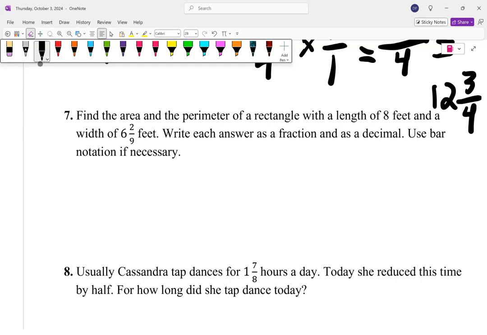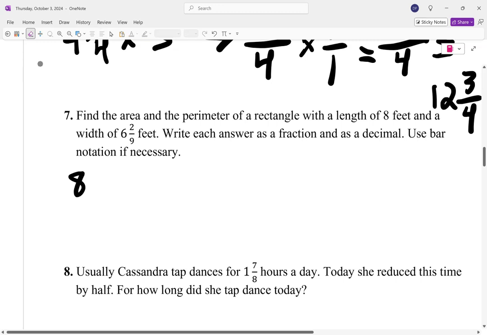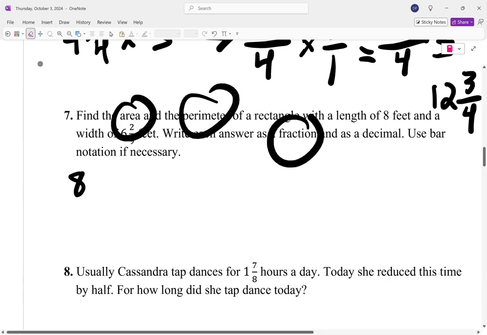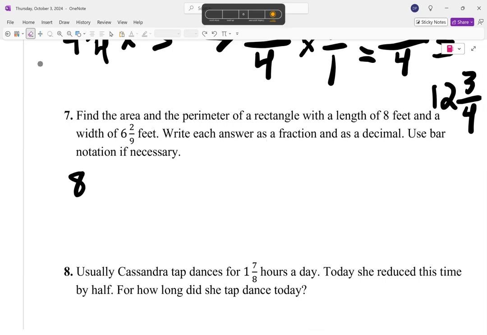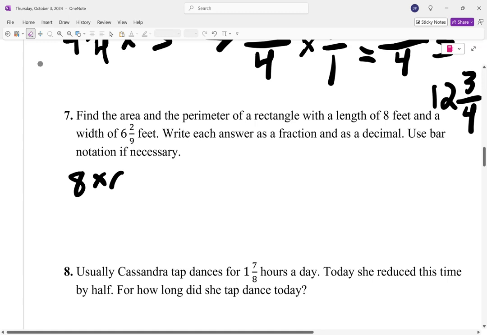8 feet and 6 2/9. Wait, how'd you do it? I multiplied 8 times 6 and 2 ninths. Oh, yeah. It's 4 things, actually. So it's area and perimeter, and each as fraction and decimal. Okay, so there's 4 answers. So you're going to multiply first. What are you multiplying for, the area or perimeter? Area. Good job. That's going to be the area.